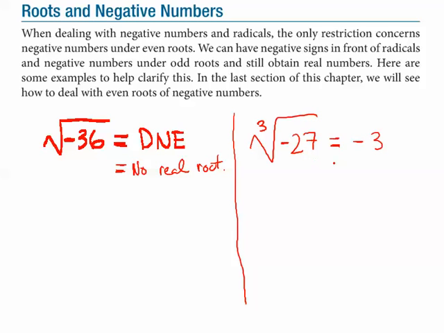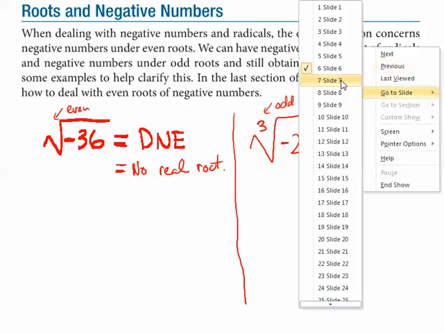So yes, we call these guys odd roots. Odd roots can actually handle negative numbers. Any even roots cannot handle any negative numbers. So let's keep that in our mind as we do them. So odd roots can handle both positives and negatives. Even roots can only handle positive radicands. That's it.